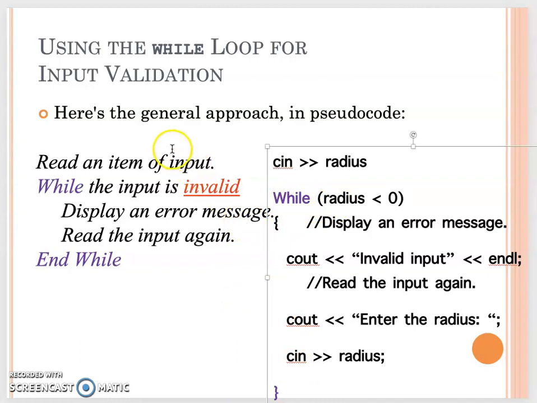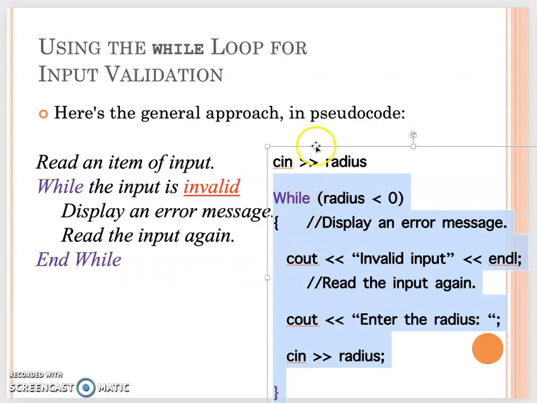That's why your while loop condition is if the value is invalid. That's why it will repeat the process to get the user input until the input is valid, and then we finish.